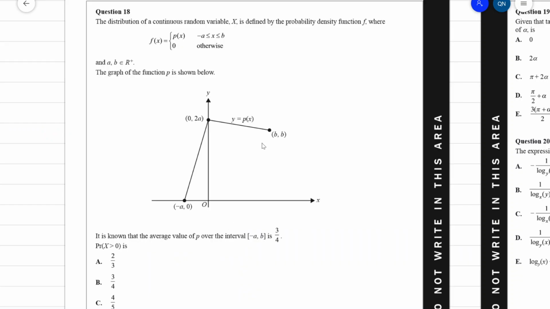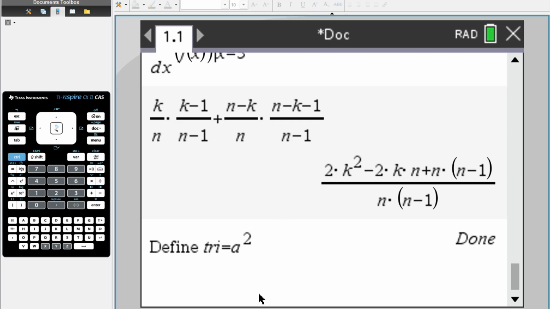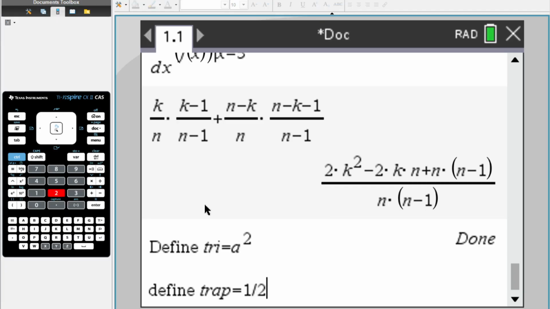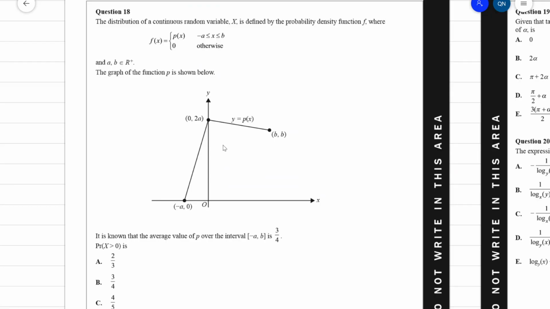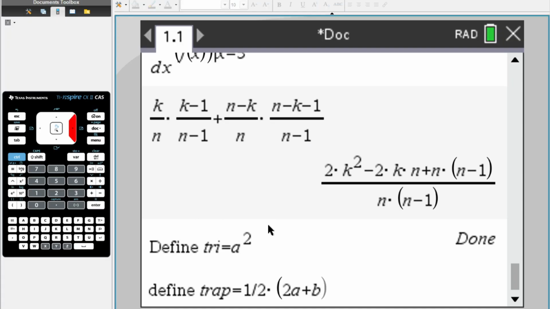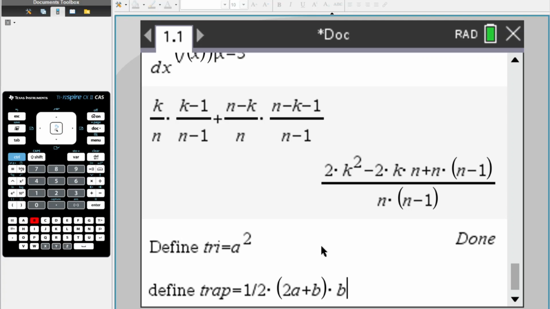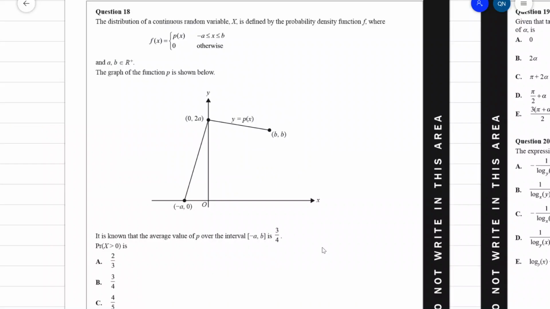And for the trapezium, we're going to define trapezium now, equals 1/2 times one of the parallel side lengths, which is 2a, plus the other parallel side length, which is b, and then you multiply this by the perpendicular height, which in this case is going sideways, but that's going to be b. So that's our trapezium area.